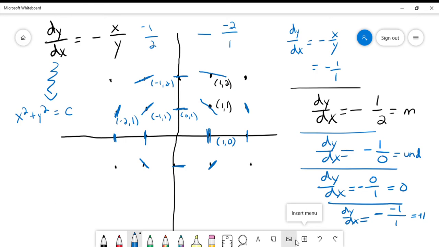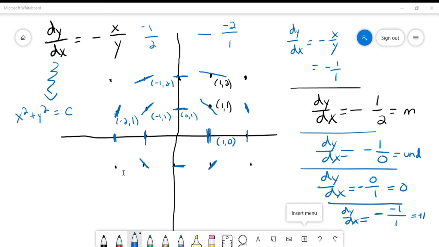Now, there's one last thing that I want to show you, and that is on your assignment that you're going to have tonight. And that's with multiple choice questions, where they say match the slope fields with their differential equations. Well, what you want to do is you want to think about solutions here.